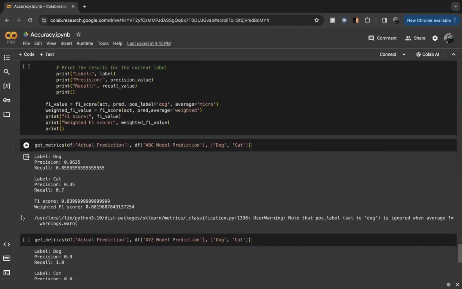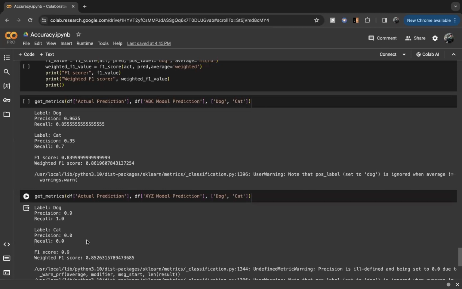For the XYZ model, if you see here, the precision and recall for cat is 0. But when you compare the precision and recall of dog for the ABC model and the XYZ model, XYZ is doing a pretty good job. So using precision and recall, we can understand how the model is working on an individual label.